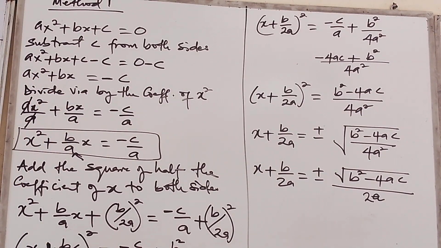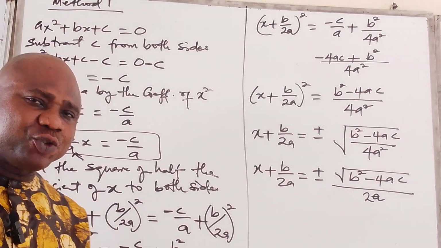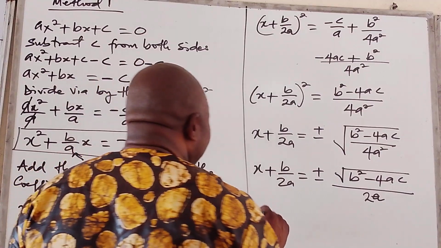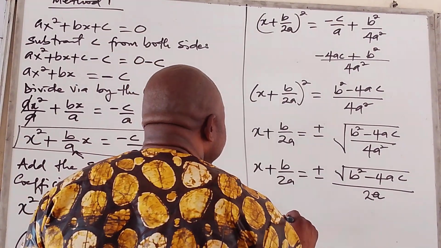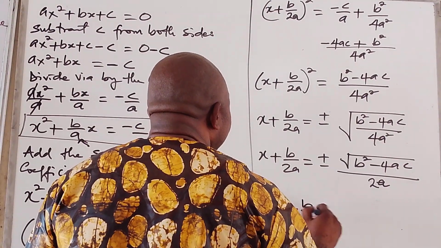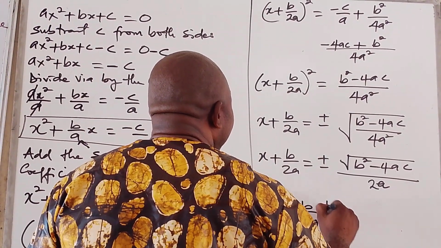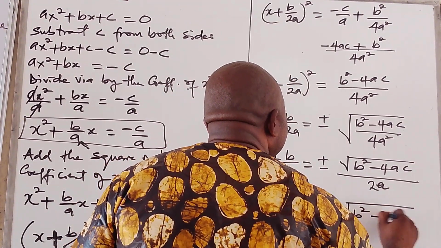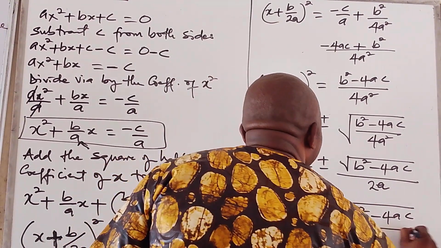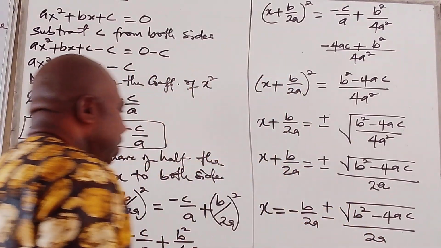So to make x the subject, remember we're looking for x, x will be equal to minus b all over 2a plus or minus the square root of b squared minus 4ac all over 2a.